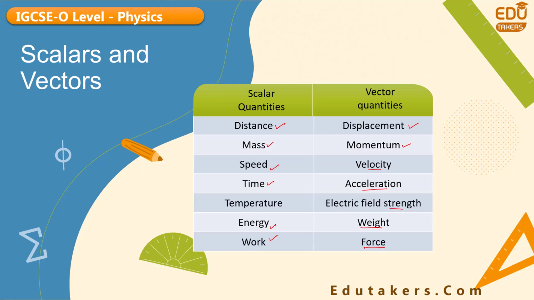All of these are vector quantities because they include direction. They have magnitude, unit as well as direction. So direction is the important factor in order to differentiate between these quantities. You may be unfamiliar with some of these quantities, but don't worry, you will discuss them in the next lessons.